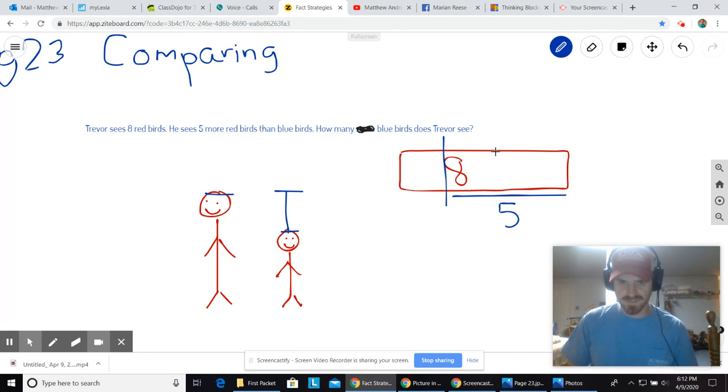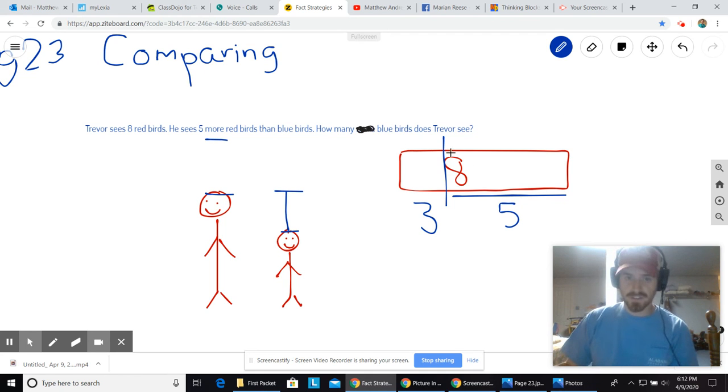This part on this side of that line is the 5 more redbirds. Okay. So if I'm thinking about part whole, if I have 8 and I take 5 away, 3 would have to be left. So I'm thinking he saw 3 bluebirds. How many bluebirds did Trevor see? 3.